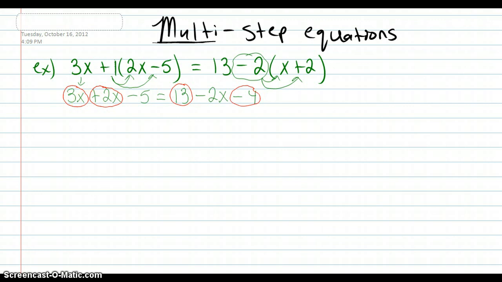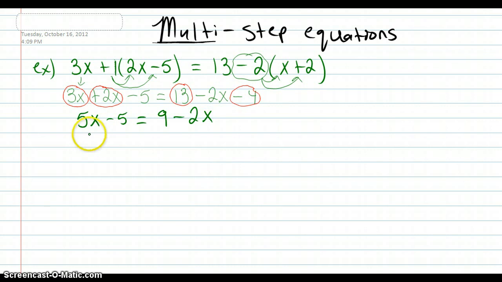Let me change colors. 3x plus 2x is 5x. Bring down the minus 5. Bring down your equal sign. Now over here we have a 13 and a minus 4. 13 minus 4 is 9. Bring down the minus 2x.